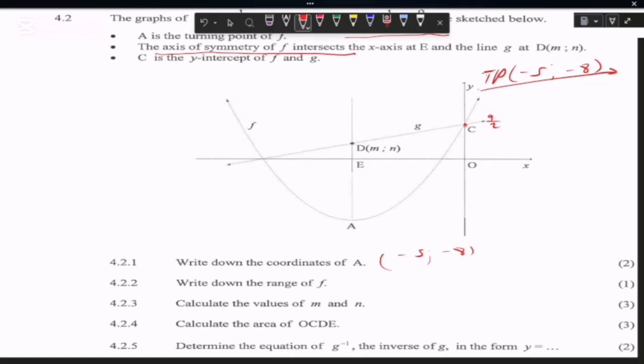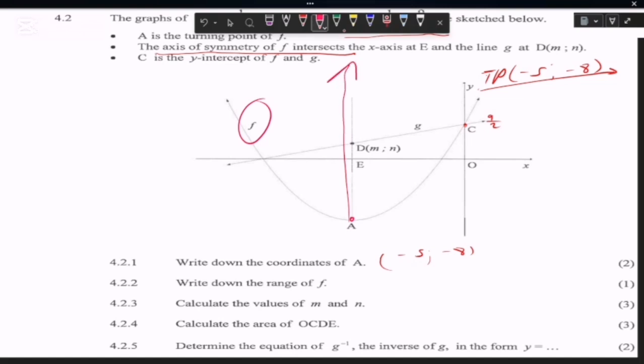Now, F is this guy, the parabola. And remember that when we're talking about range, we're talking about all the y values that are associated with the graph. Now, the only possible y values that can be associated with this graph start from A, including A, going upwards.